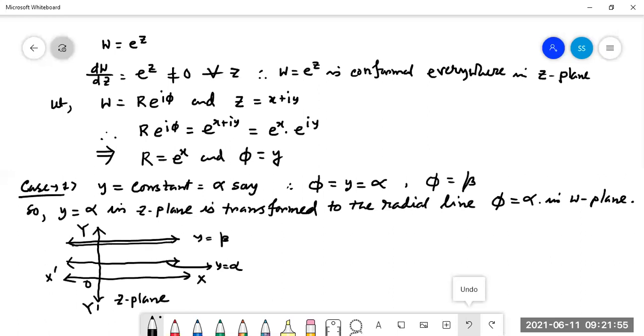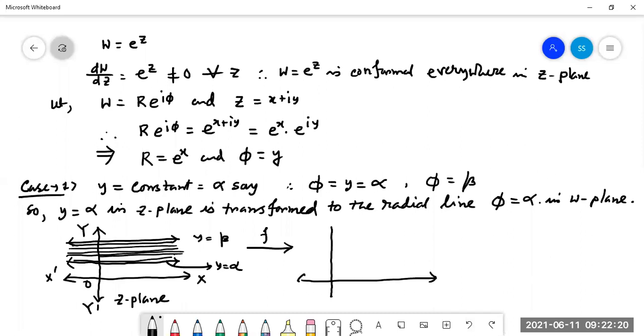So this part is the strip. That is our region. So after the mapping f, it is coming into the w plane. For the w plane, what changes will be coming here?